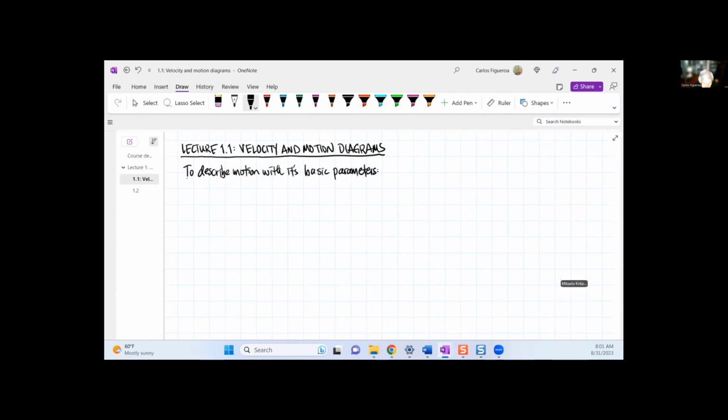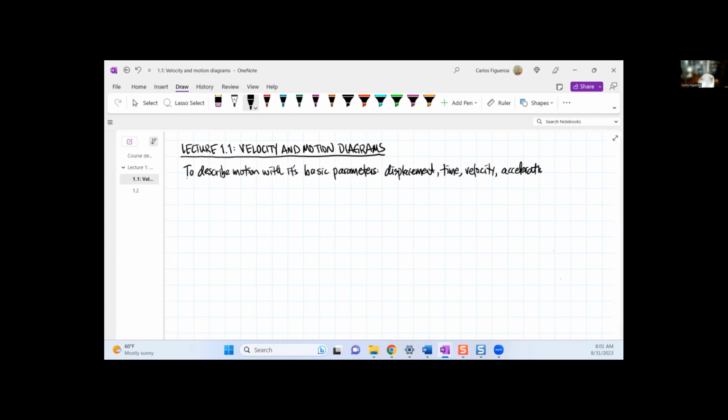And these basic parameters are displacement, time, velocity, and acceleration.